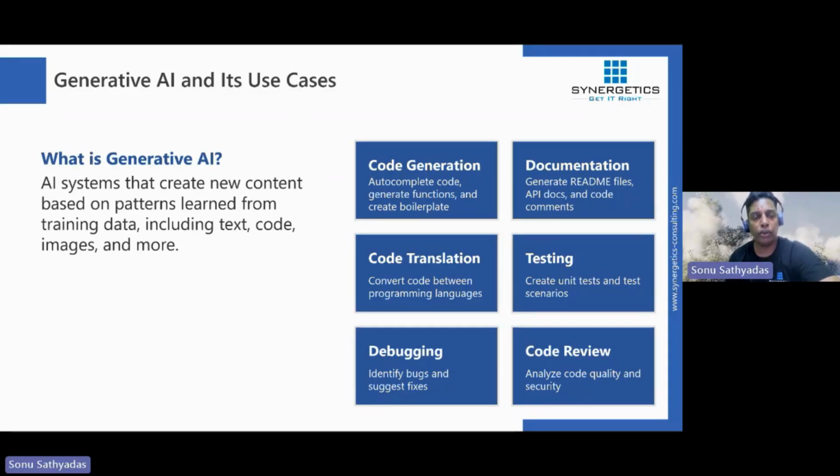But suppose you are into application development or you are interested in programming, can I use generative AI in our programs or in our programming tools and technologies? Yes, you can use generative AI based tools to build applications also. You can use it for code generation, meaning instead of you writing the code, you can ask generative AI models to write the code for you.